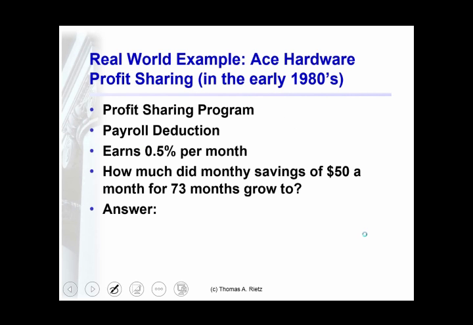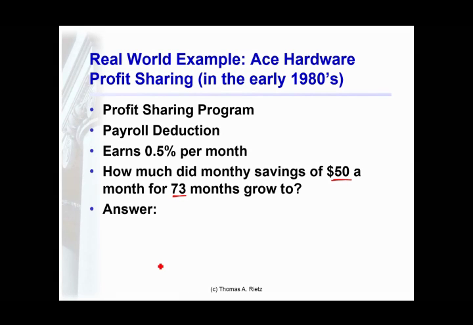So suppose that we go back to my profit sharing program from Ace Hardware. Suppose that I set aside $50 every month for a total of 73 months. Now, with future value, the important thing is the total number of payments. How much does that grow to on the day of my last savings payment?